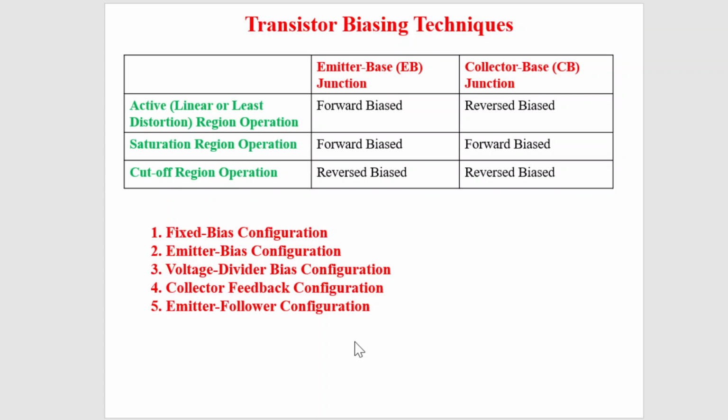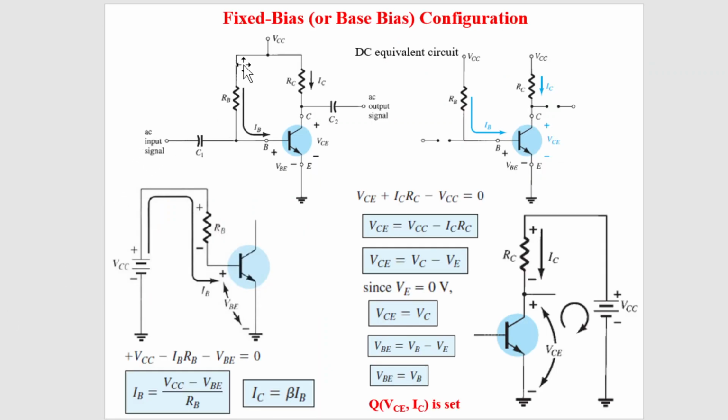If we recall what we have learned till now, in fixed bias configuration, we have one DC power source. This DC power source was connected to the base through a base resistance and to the collector terminal through a collector resistance.